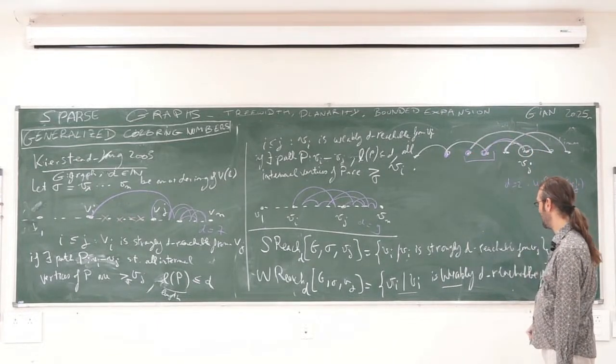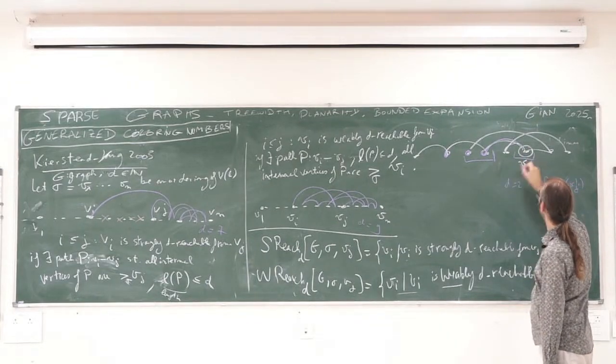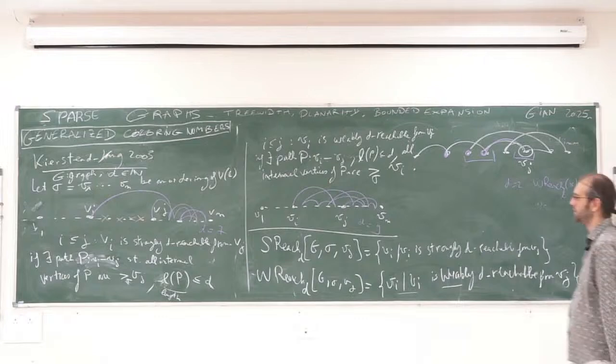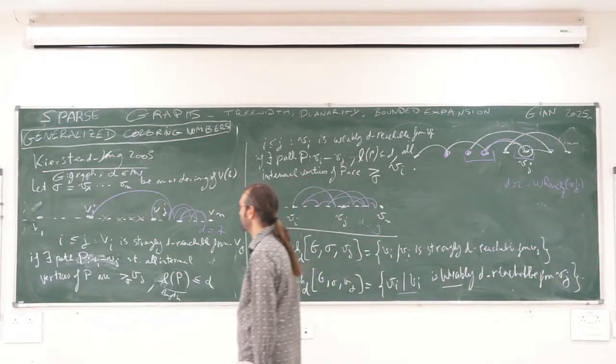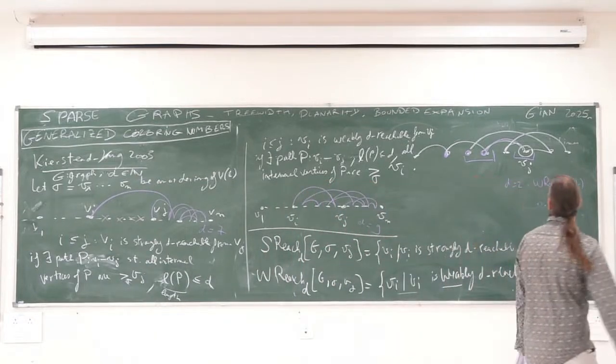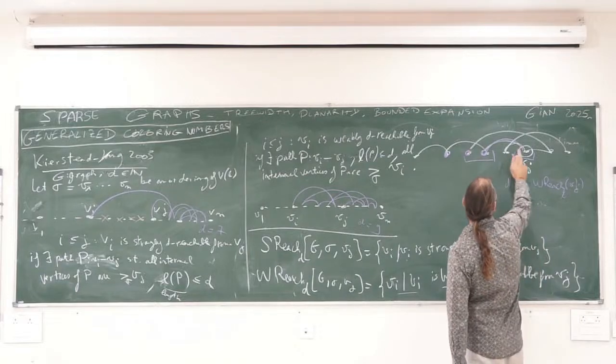So, this actually himself is also. You're always yourself d-reachable because there is a path of length 0. And i is at most j, not strictly. So 3 of them, no? The third one from the left. Oh yes. Yeah, 4.